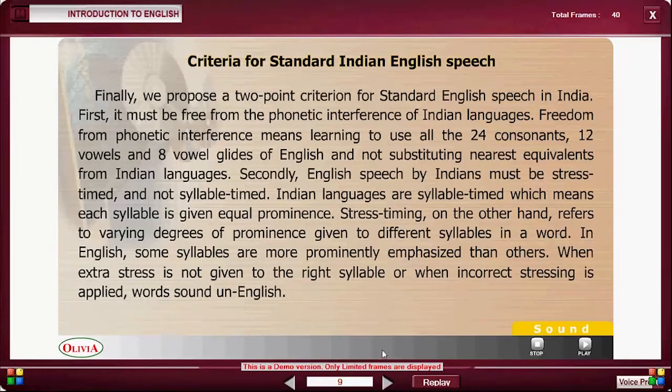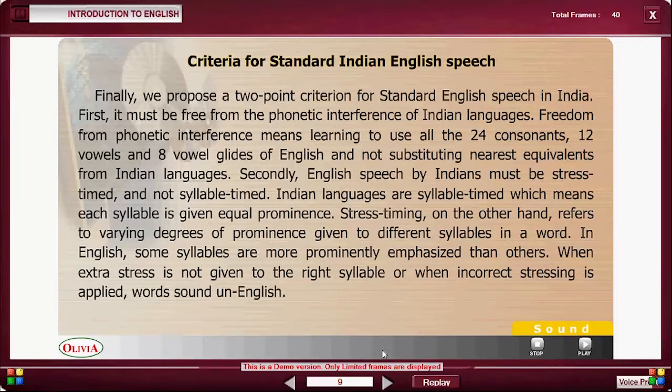This is a peculiarity in our software. We give a criterion for standard Indian English speech. We don't advocate American English or British English. What we say is, use the 24 consonants and 12 vowels and 8 vowel glides, and do not substitute the nearest equivalent from our language as we do it now.